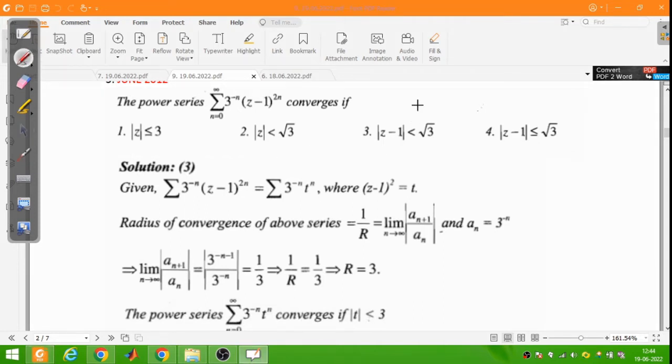What is that property? Summation n equal to 1 to infinity a n z power nk, you have to find the radius of convergence r, then r power k. So what is the value of r here?